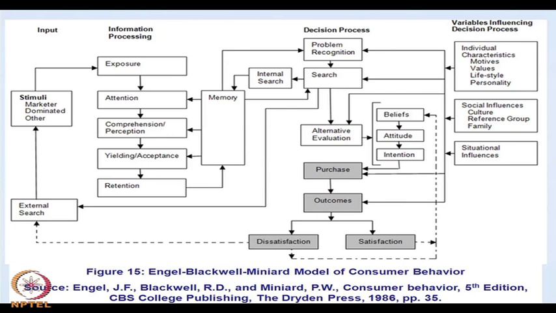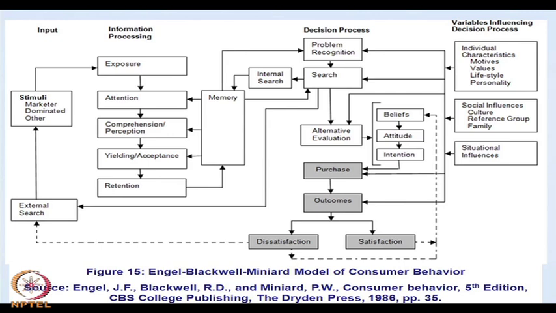Now, apart from the decision process, the fourth major component of the model is the various variables that influence the decision process at all of the various stages, whether it is problem recognition, search for information, evaluation of alternatives, purchase or outcome. The consumer is influenced by certain variables.